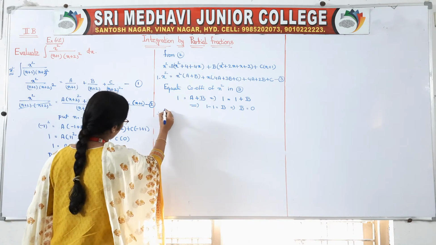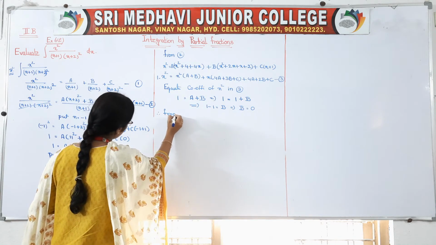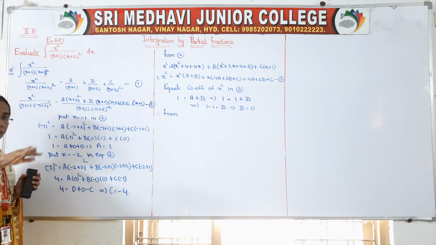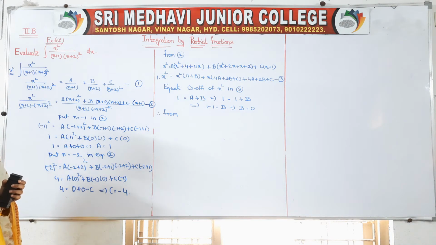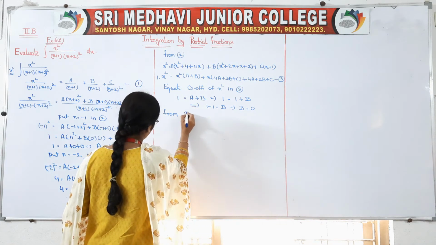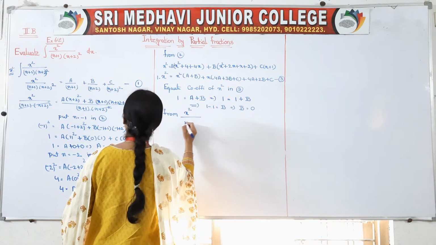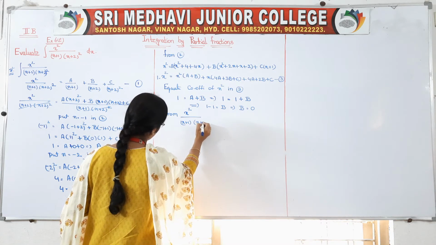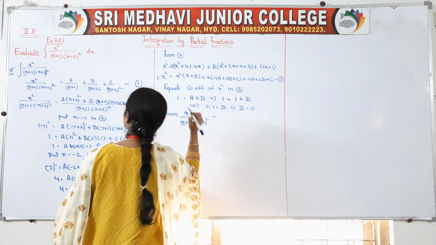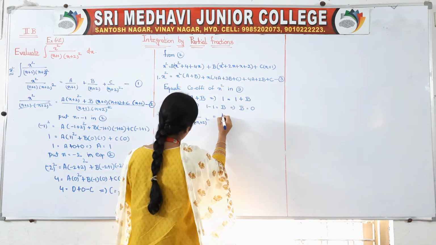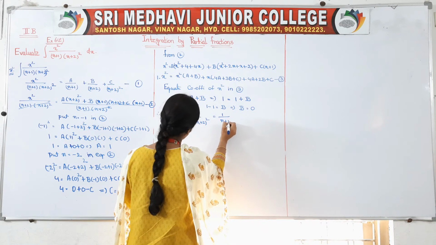Therefore, from 1, once we got all our values, we have to substitute. That is called resolving the fraction into partial fractions. So from 1 we can write x square by x plus 1 into x plus 2 whole square is equal to a by, a is 1, 1 by x plus 1.